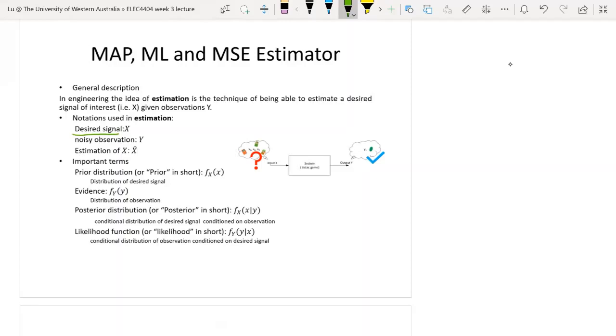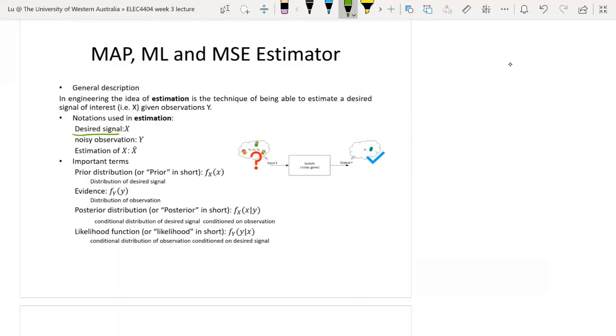That is your observation. In most cases, the output Y is noisy, interfered with by something else. Our estimation is the best guess of X based on the known condition of Y.